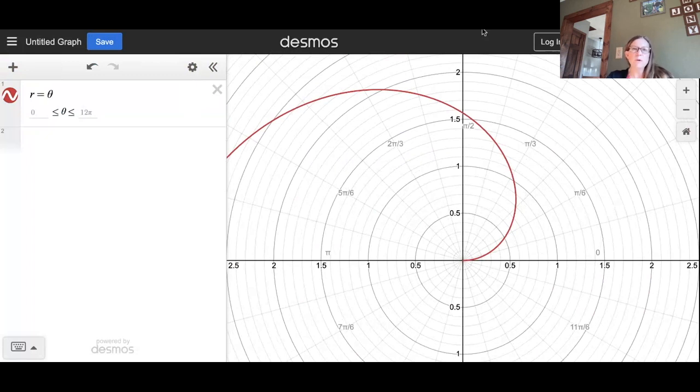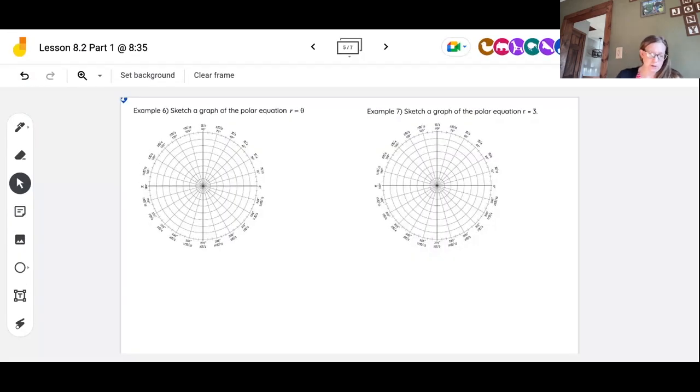So as I switch back to our notes, just to make a little statement about that here, making a theta radius table, if you will, instead of x y, theta radius. When theta was 0, our radius was 0 because they're equal to each other.